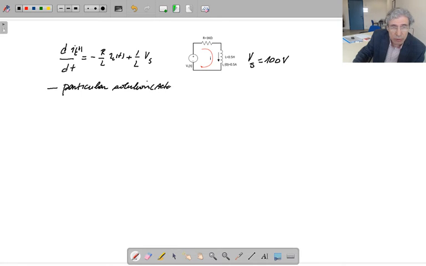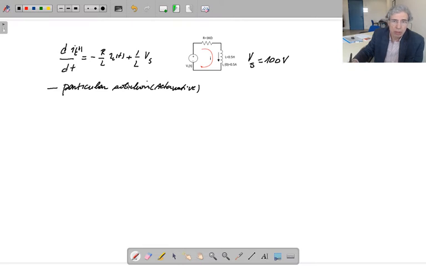It is going to be an alternative to function estimation. So what is a particular solution? We have to remember this: a particular solution is a solution in the form of the sources.